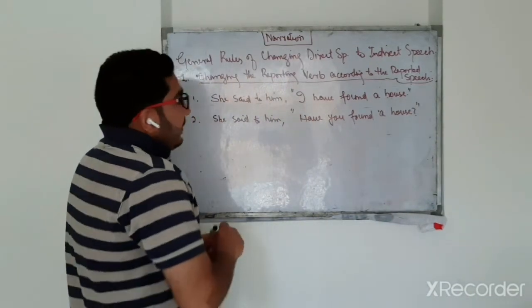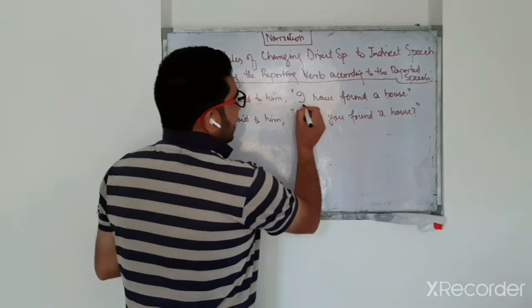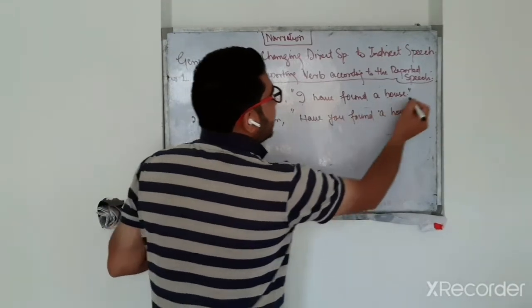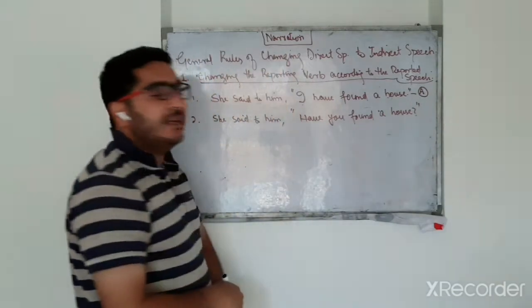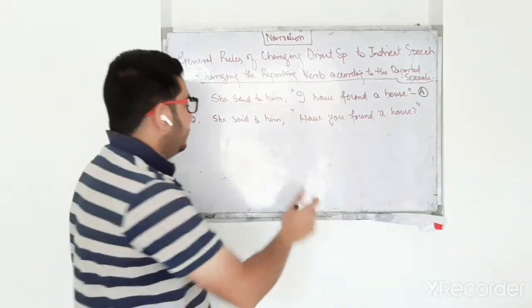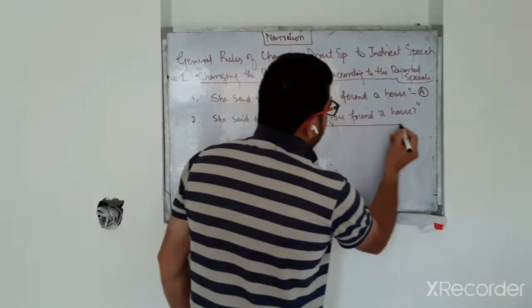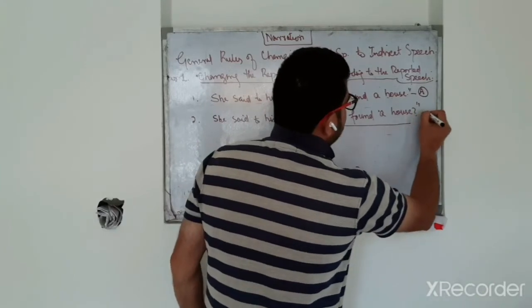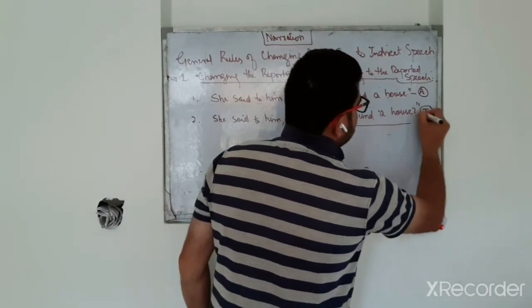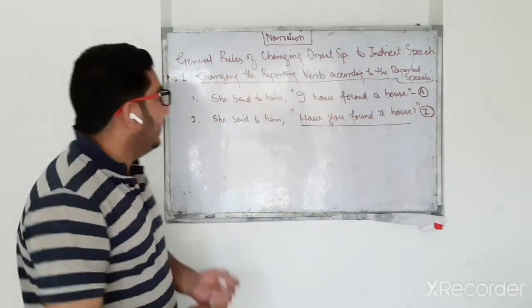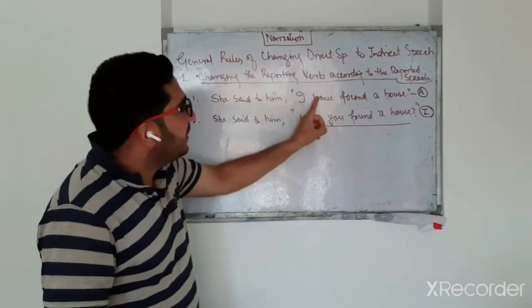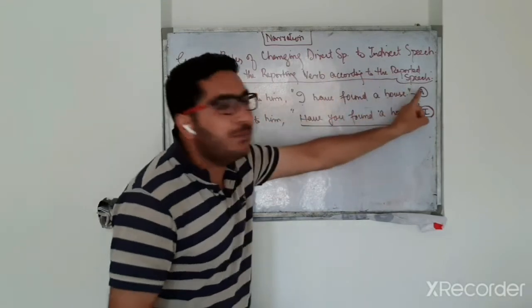See, the first sentence, that is, I have found a house, is an assertive sentence. And the second sentence, have you found a house, is an interrogative sentence. And rule number 1 is that the reporting verb is changed according to the reported speech.